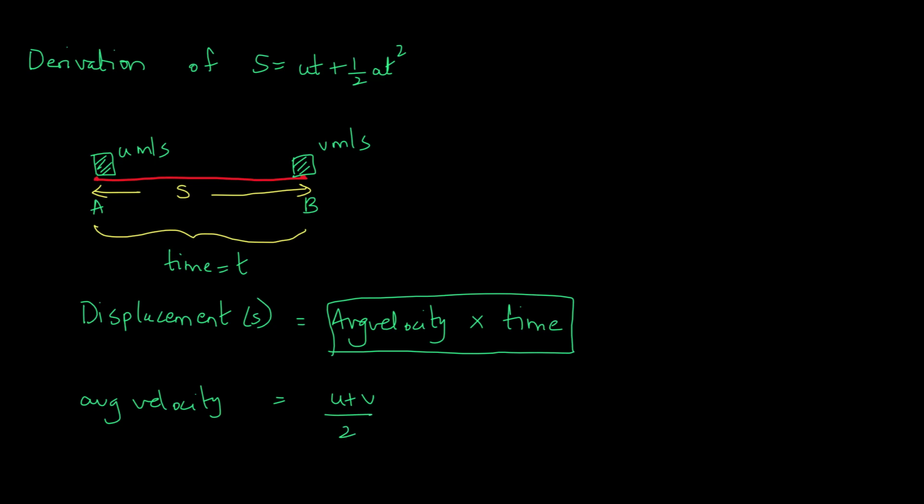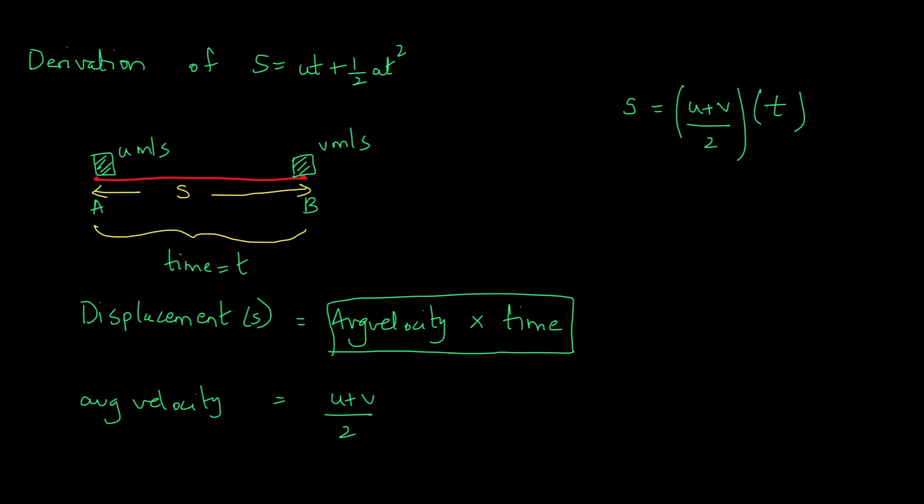Initial velocity plus final velocity by 2 is equal to average velocity. Now, from the above, we can say s = average velocity, (u + v) by 2, into t, because it's a product of average velocity and time.